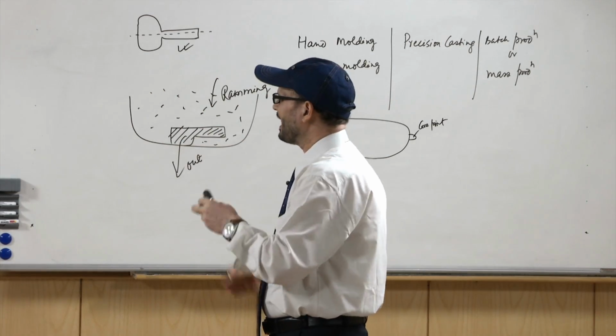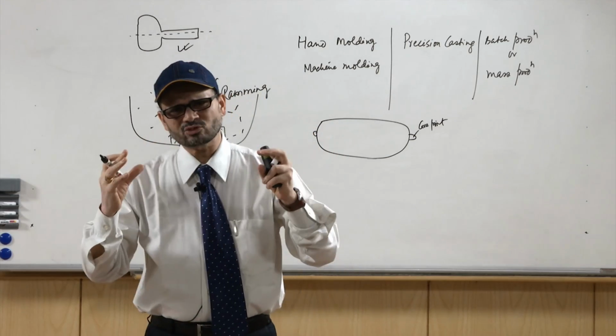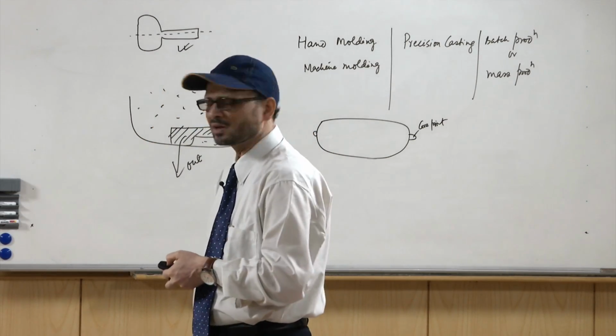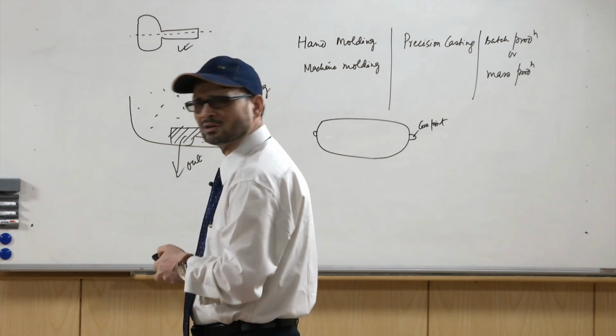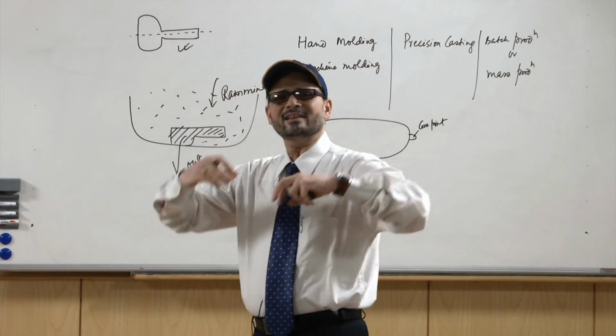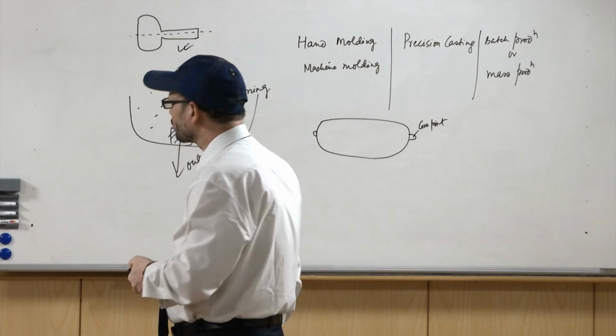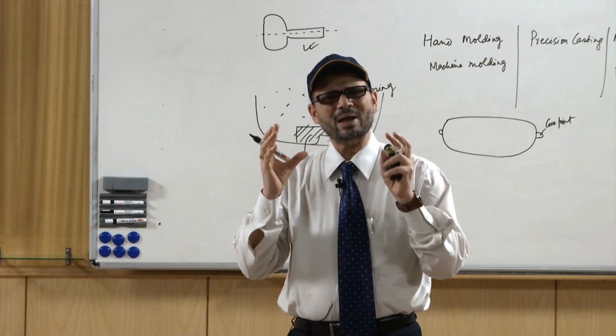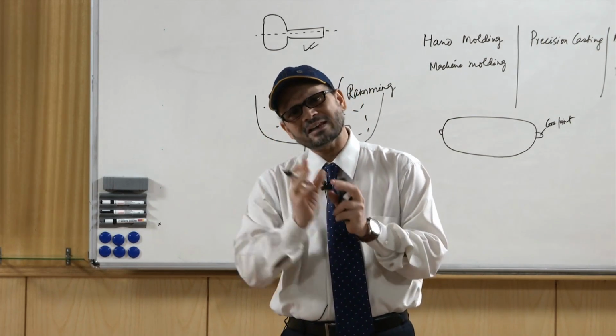Since they are in touch with the sand, they are likely to have wear and abrasion, they are likely to have corrosion because they are in the atmosphere, and there may be chemical effects, because there are chemicals used with the sand which is in contact with the pattern material. So, all these properties a pattern material must possess, so that it is durable.